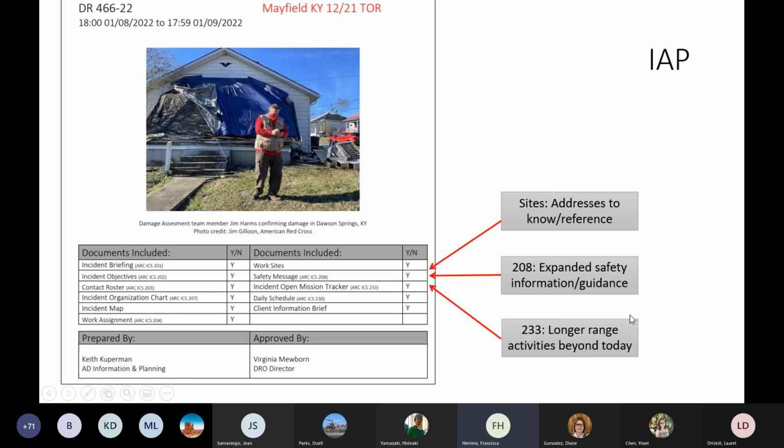We're seeing longer range activities that we need to keep in mind, something we might have to begin planning for soon, but it's not going to be listed in your objectives for tomorrow or today. It's not for that particular operational period, so it gets logged in this tracker. So if you're interested in getting a gauge on where we are in the operation, what else we have to do, where we're headed, the 233 provides you a glimpse about that.